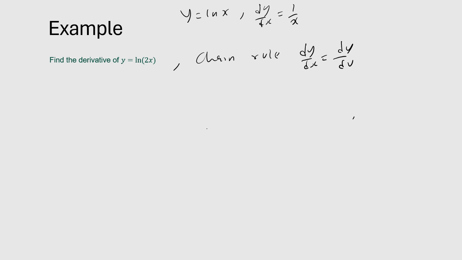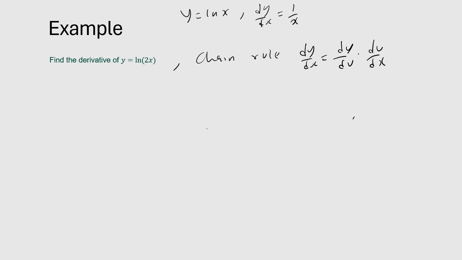If you look at this example, we don't have just x. If we had x, I can just say one. Like if y is just ln x, as before, we can just say dy over dx equal to 1 over x. But if you look at this, ln is having another function, 2x, inside. So we use the chain rule. Remember, chain rule is dy over dx is equal to dy over du times du over dx.